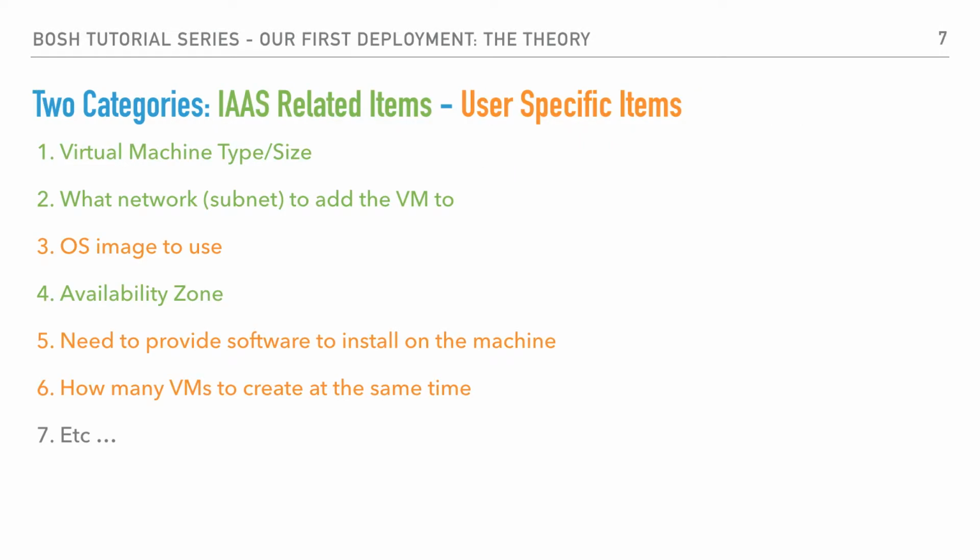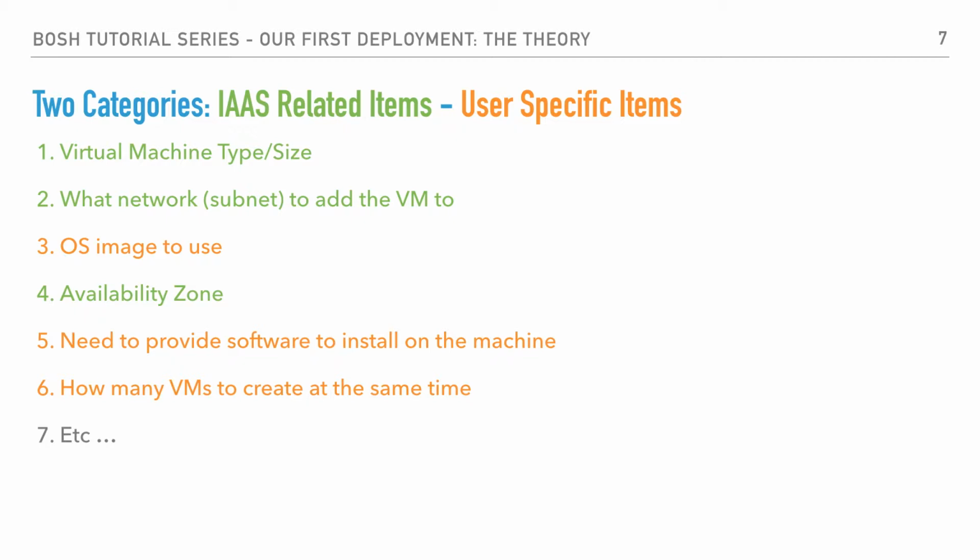So if we take the previous list and look at it from a different perspective, we can separate those items into 2 sections. Ones that are IaaS related, which is basically AWS related, that either AWS needs to provide us, or we need to configure on AWS. And some of them are a bit more user specific. Those are loose terms, but let's actually discuss it. So let's take the first section, which is the IaaS related items.